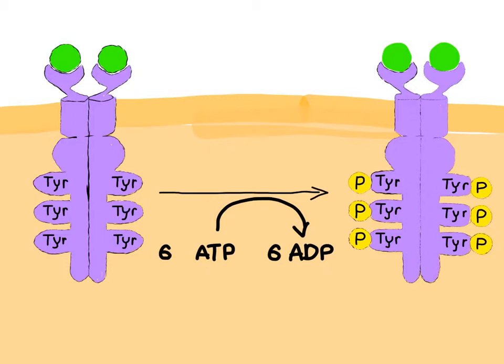You can see that 6 ATP were put here, and then they were changed for the reaction. Now that the dimer is completely activated, it can interact with other molecules out in the cytoplasm that we are currently unable to see.